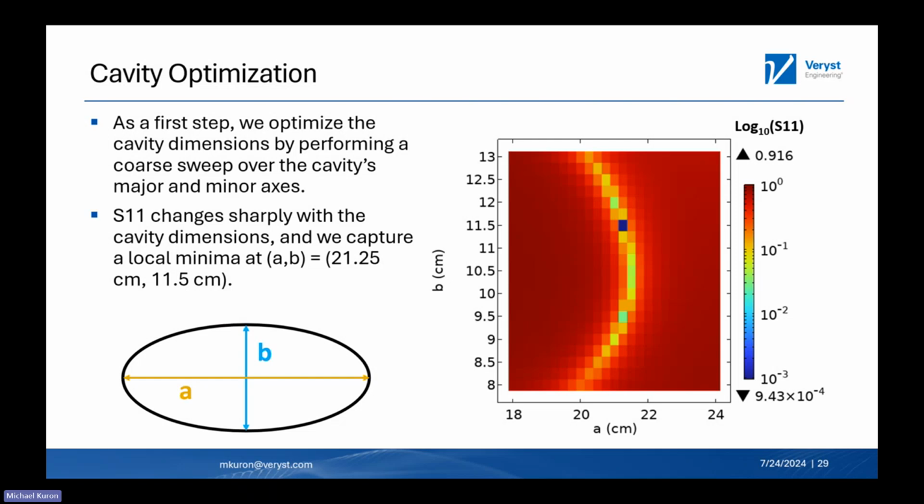And what we find is that the loss coefficient, or the S11 parameter, changes sharply with the cavity dimensions, and we have very localized minima. So you can see there's a very specific location within this field of possible parameters whereby the cavity is efficient. But once we reach that, the loss is vanishingly small for an isothermal system. So we identify what the optimal cavity shape should look like.